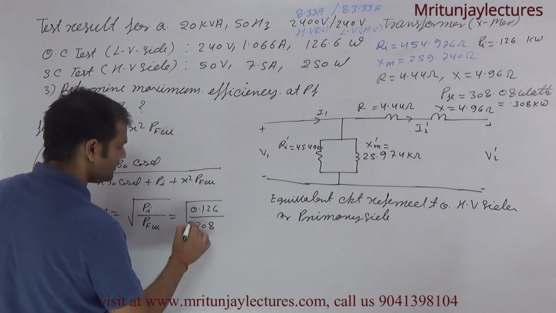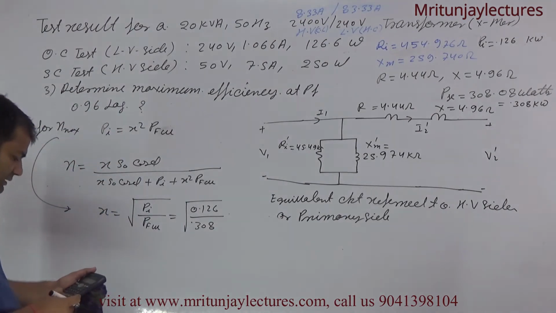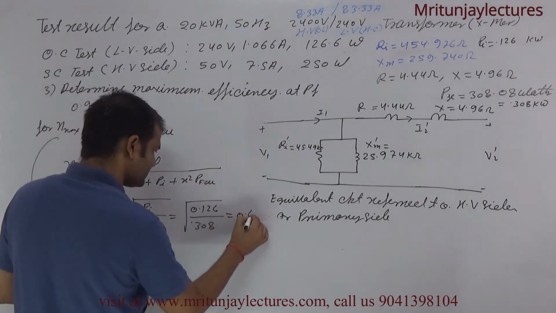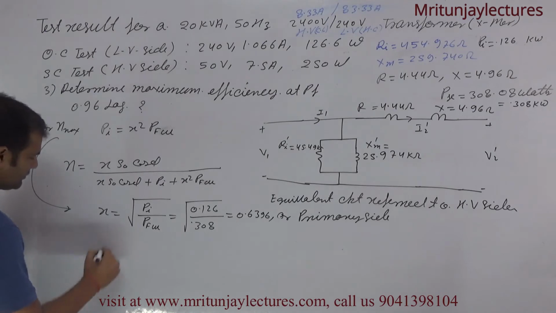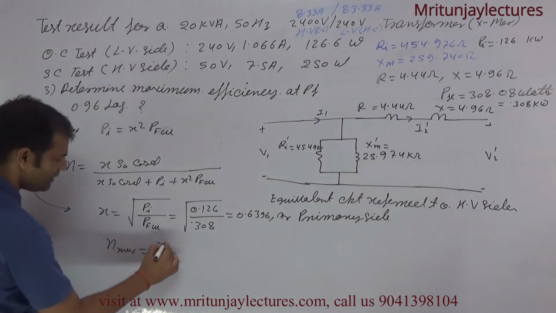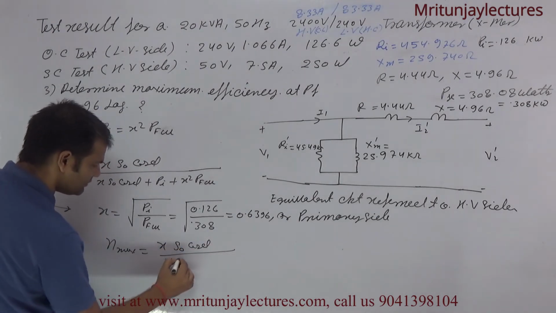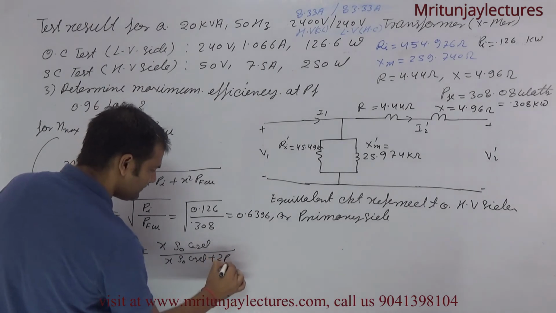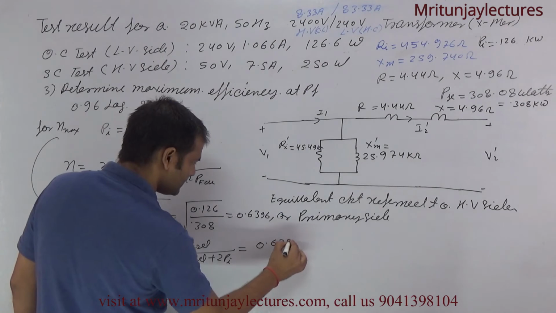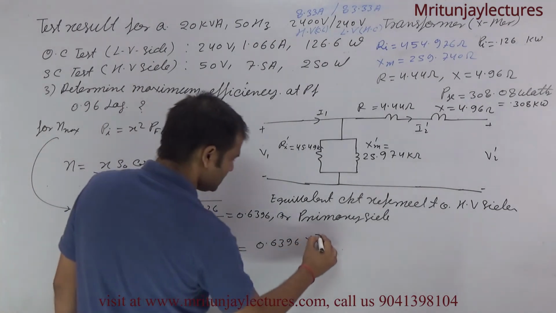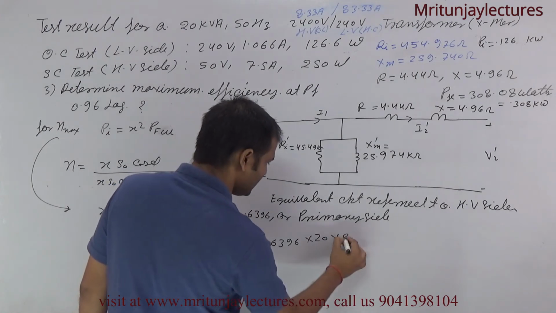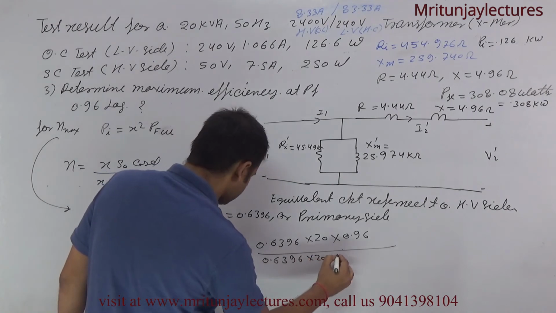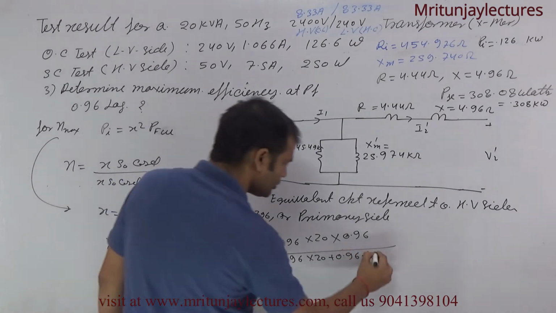That is the square root of 0.126 divided by 0.308, which is 0.6396.